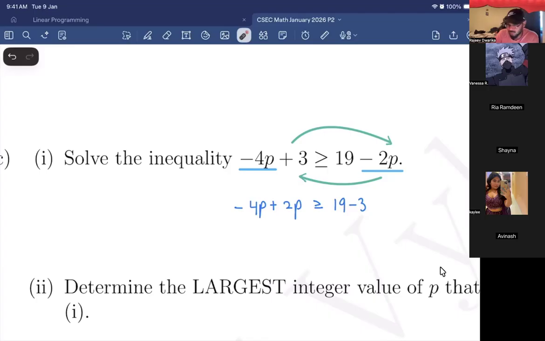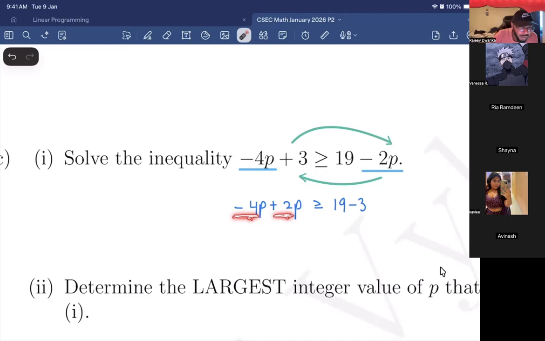If you don't know it, this is a chance to know it. You have to change your mindset: if I don't know it, I take this opportunity to learn it now. Think of negative 4 as you owe the bank $4, and plus 2 as you pay back $2. How much do you still owe the bank?